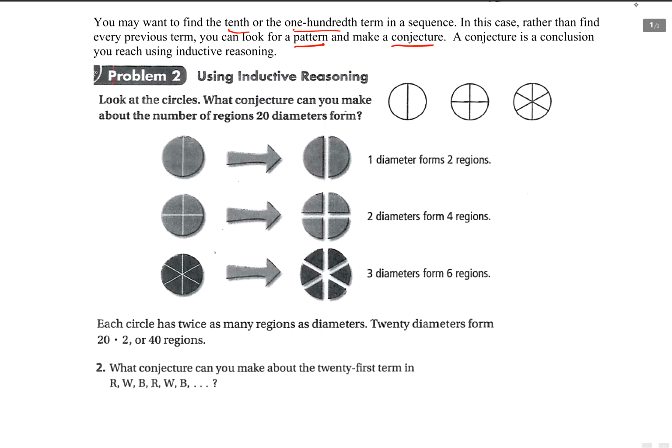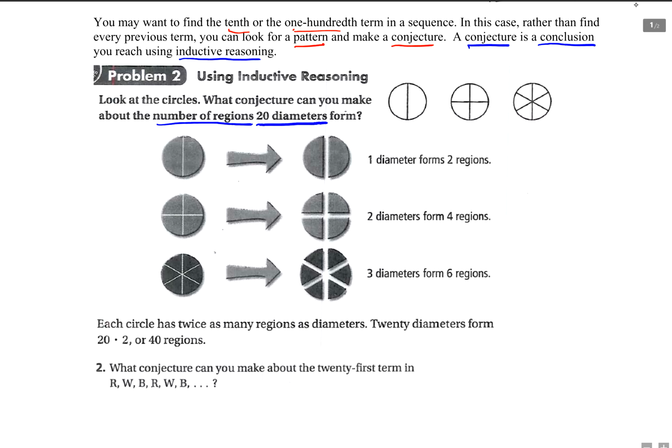All right, and this here's a vocabulary word for you. A conjecture is a conclusion that you reach using inductive reasoning. So let's look at a problem here. We have circles. What conjecture can you make about the number of regions if you use 20 diameters?